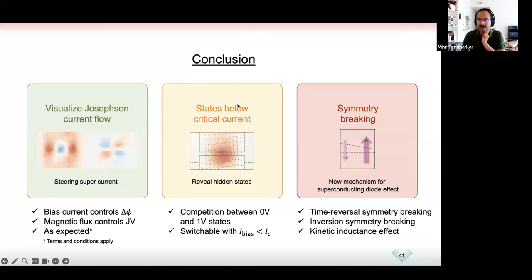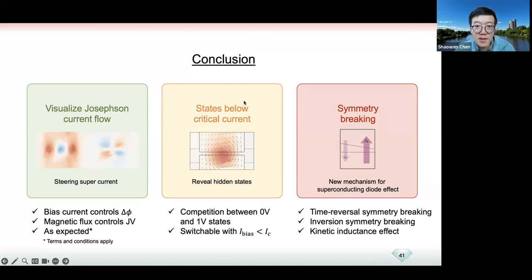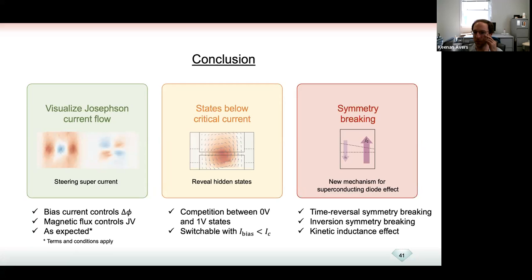So I see a raised hand. Hello. Yes, just a silly question. Are there any ways to stabilize doubly quantized vortices in these junctions? And if so, I'm guessing your NV center could check if you made one.